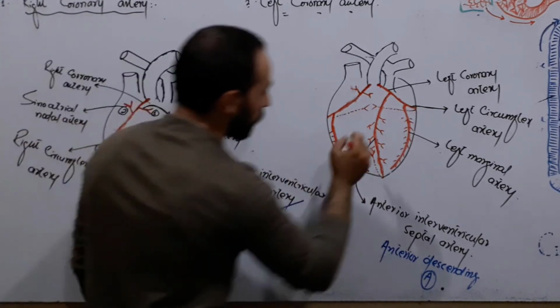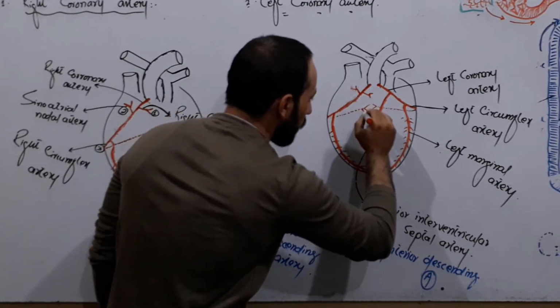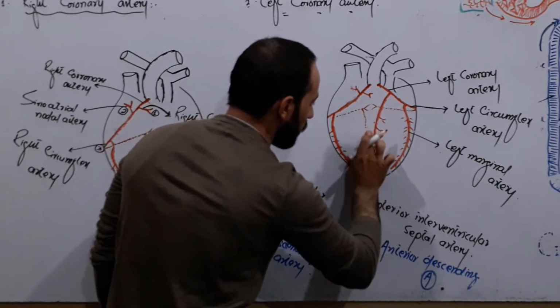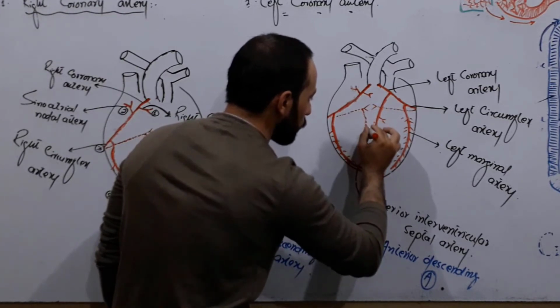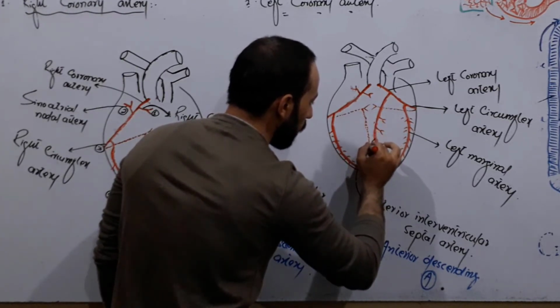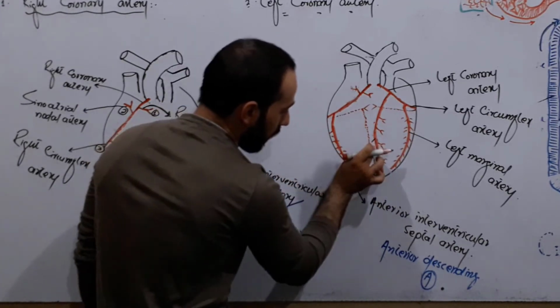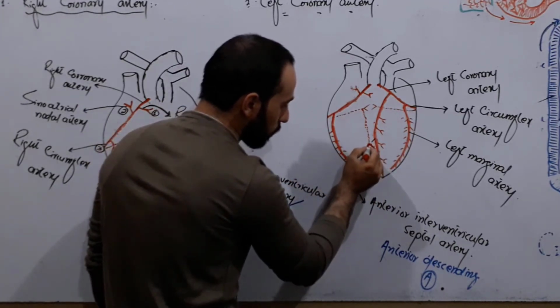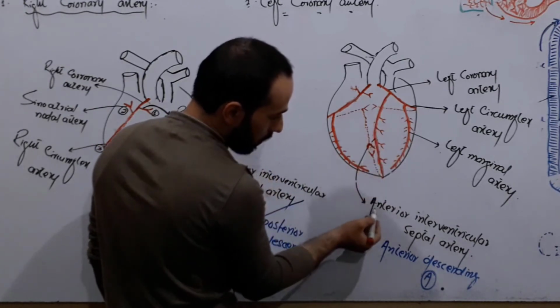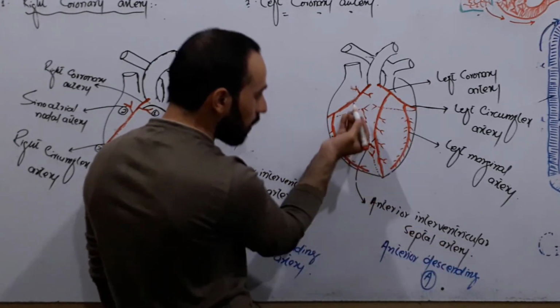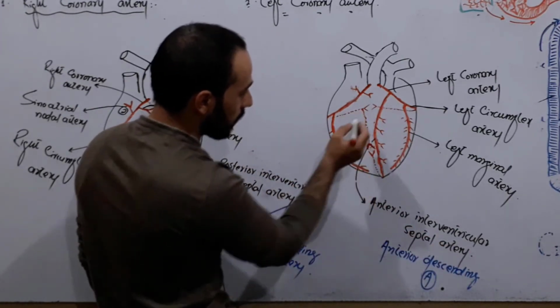Clear, friends? Now look, from here on the posterior side a branch arises and this branch moves down on the interventricular septum and comes down and makes anastomosis with the anterior interventricular septal artery on the posterior side. Clear?